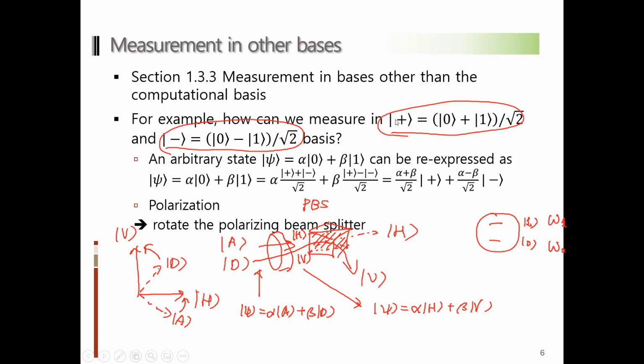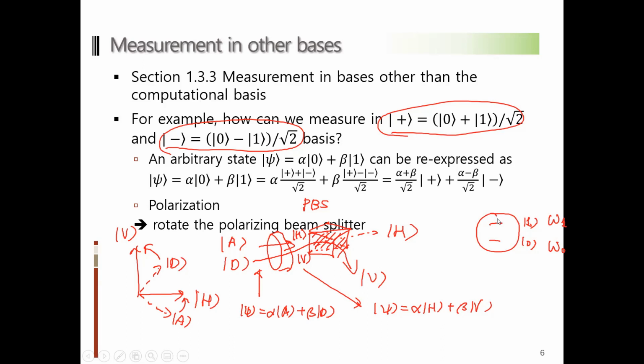So if we measure the plus basis, like 0 plus 1, do we get the average between these two, while when we measure the minus, we are measuring the difference frequency? Of course not. That's not the case.